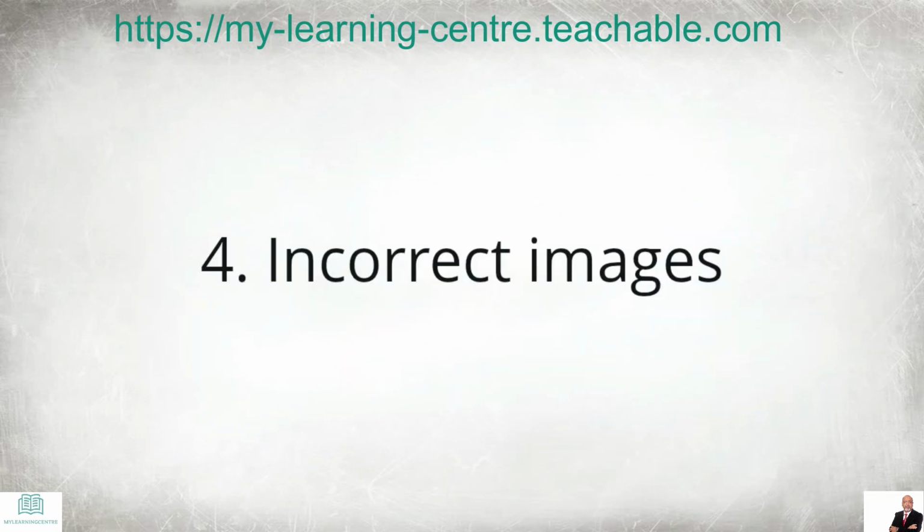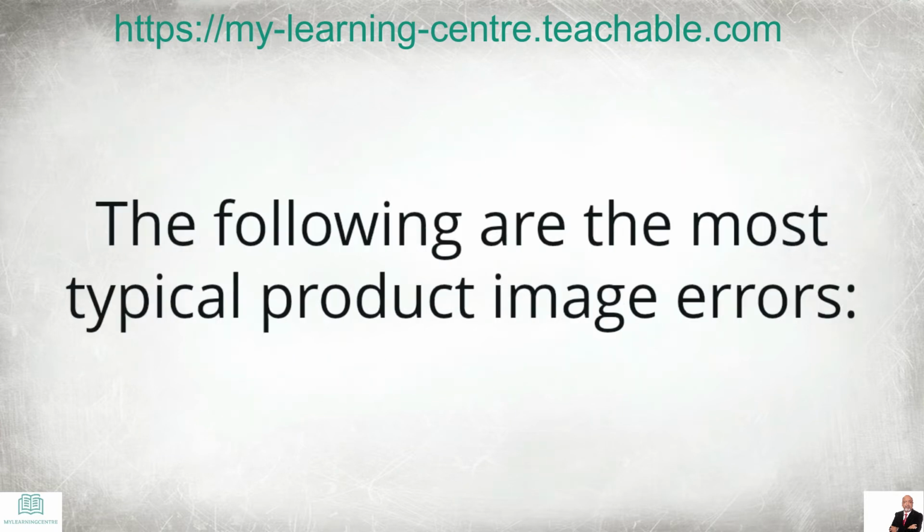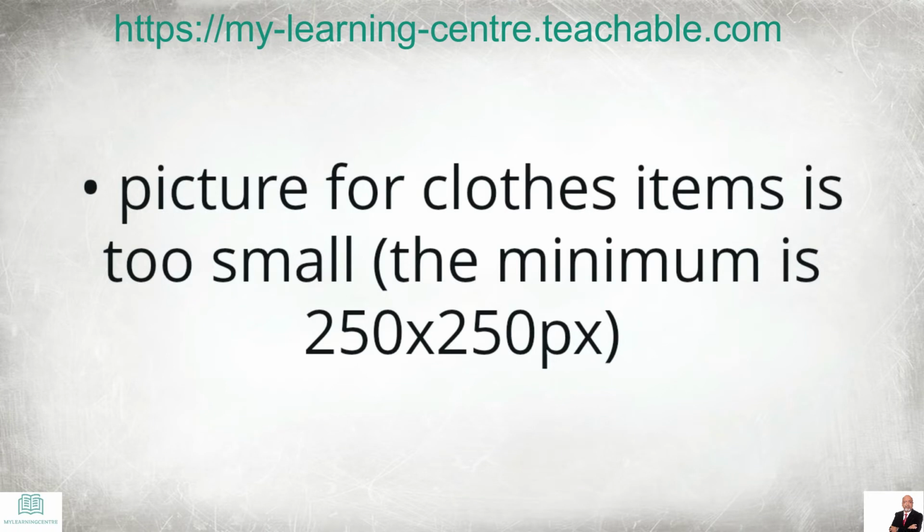4. Incorrect images. We all know that the most crucial aspect of any product's ad is to offer high-quality product photos. The following are the most typical product image errors. Picture URLs that are empty or broken. Picture for clothes items is too small, the minimum is 250x250px.